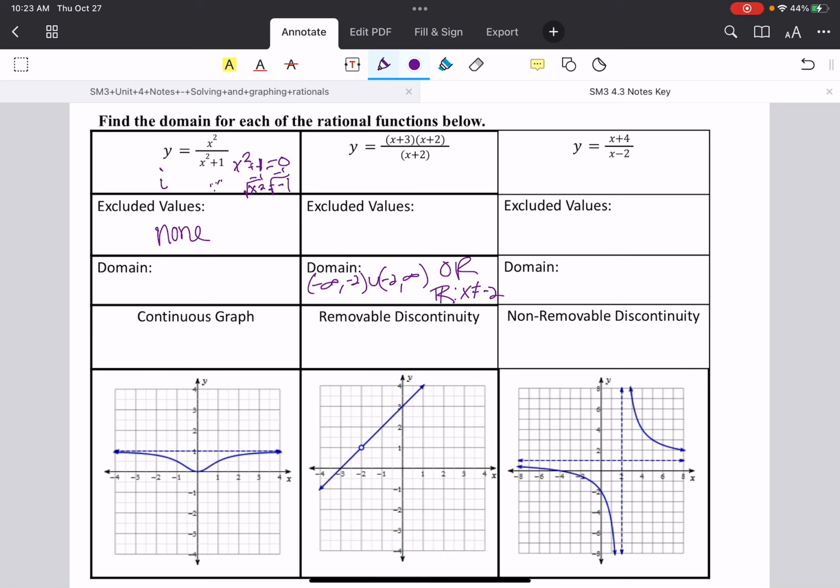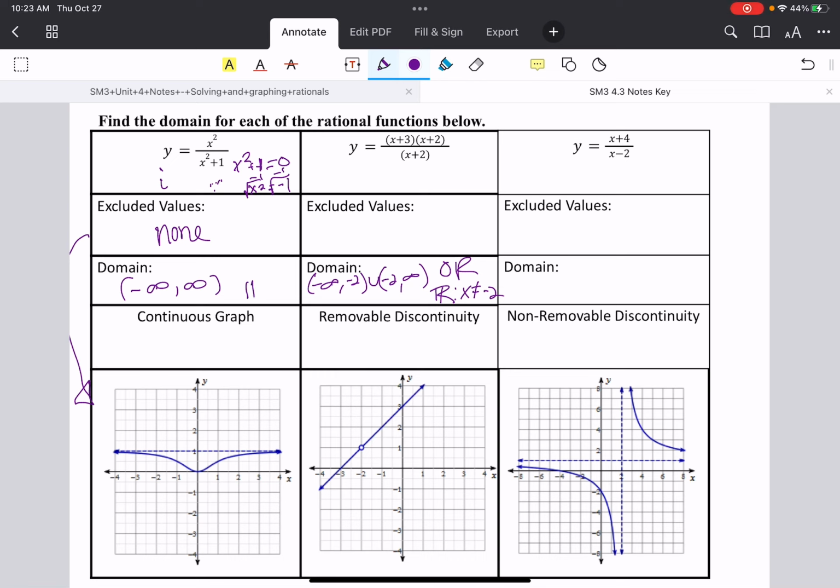But you could also check. Look at your graph. Were there any vertical asymptotes or holes? No, there were no vertical asymptotes or holes. So that checks out. What was the domain? Negative infinity to infinity, because there were no excluded values. Or they could do that fancy capital R with the line.